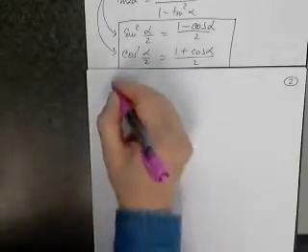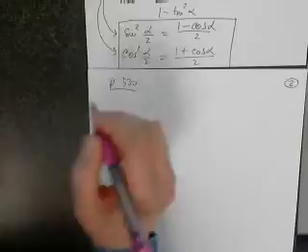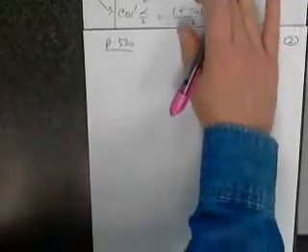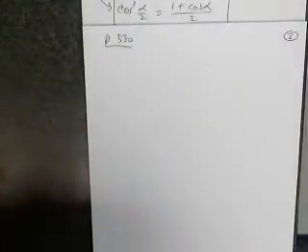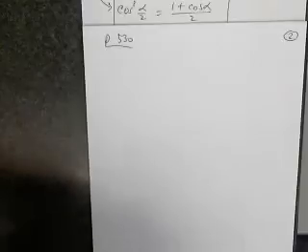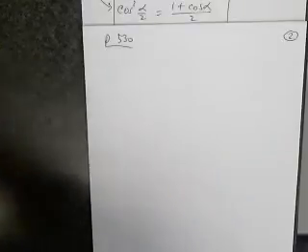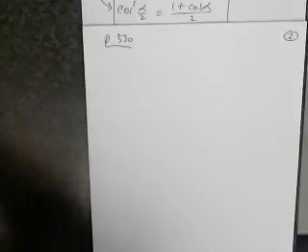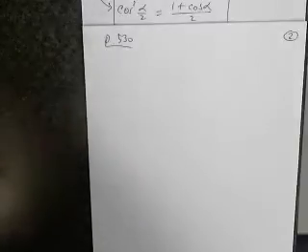I'm on page 530. And that's a review for chapter 7. The super important thing here, and you will have a problem like this, is solving a trig equation. And of course identities.